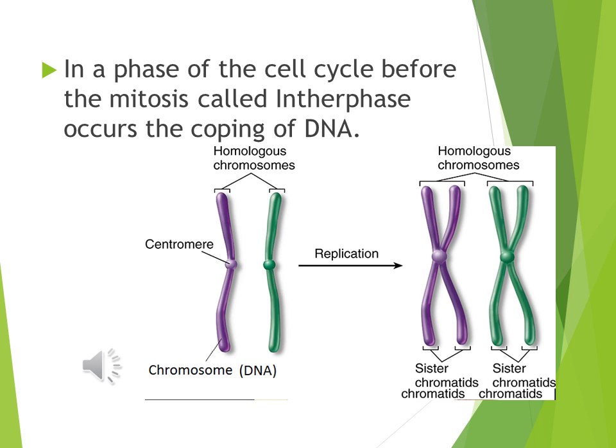During interphase, replication or copying of DNA, the genetic information, occurs. We can see a pair of homologous chromosomes, and after the replication, we can see two pairs of homologous chromosomes with their sister chromatids.